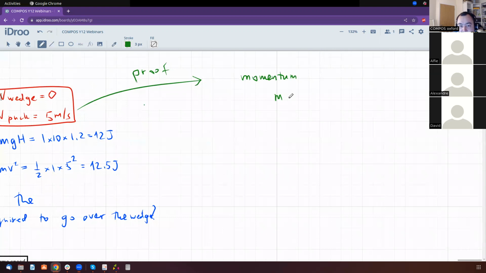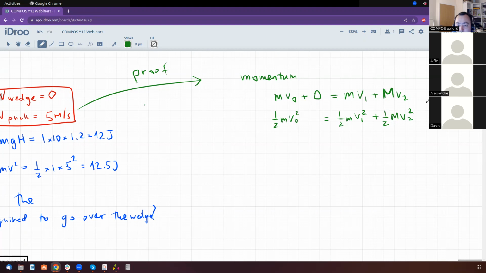So we have mv0 plus 0, the wedge has no momentum at the start, is equal to mv1 plus M, let's call it v2. The kinetic energy, so 1/2 mv0 squared is equal to 1/2 mv1 squared plus 1/2 Mv2 squared.